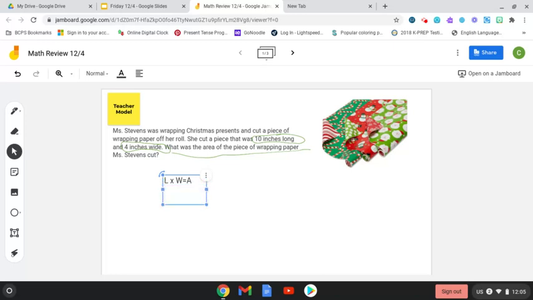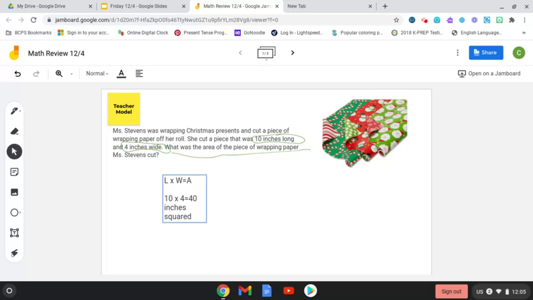Now in this problem, it's pretty straightforward. It says that my piece was 10 inches long, so 10 times and 4 inches wide, 4. And that is going to give me 40 inches, and you guessed it, squared, or square inches is fine as well. Either one is fine. And remember, area squarea, okay?